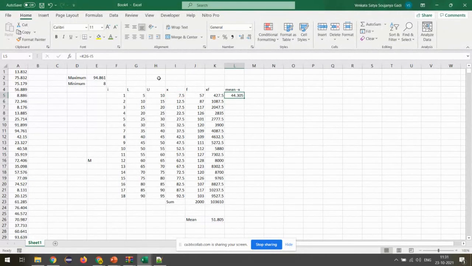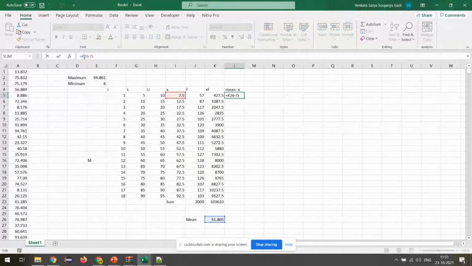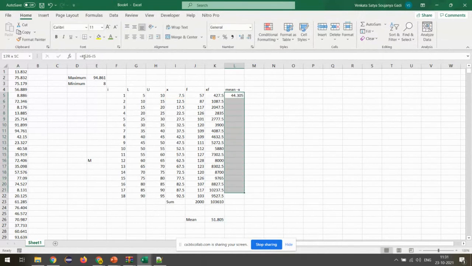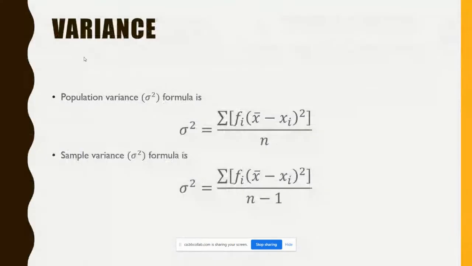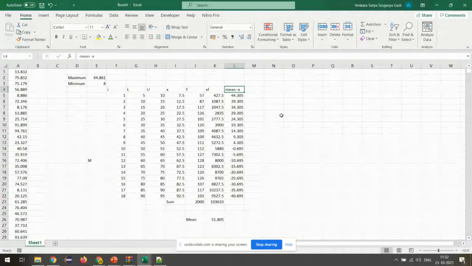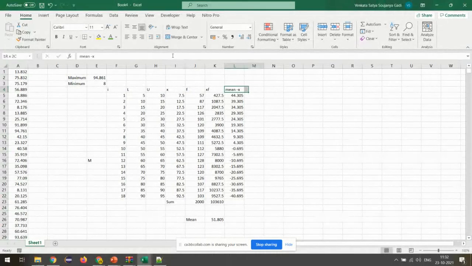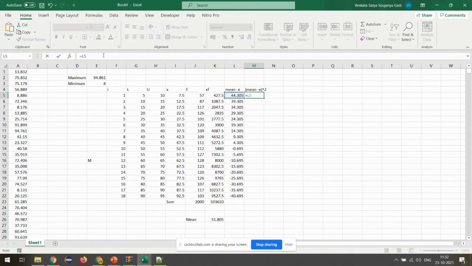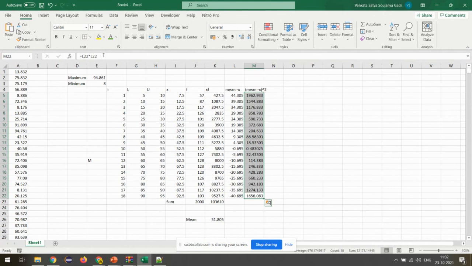So we do this, and I want to copy below, so to not make the row change, I put a dollar symbol, I anchor it, and then let me copy until down. We get this. And then what we want is we have to multiply with itself, because we have to do square, right? So let's do square. This square means multiply the number with the same. So we get this.